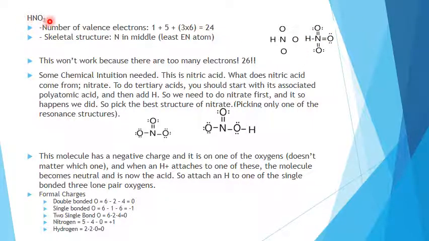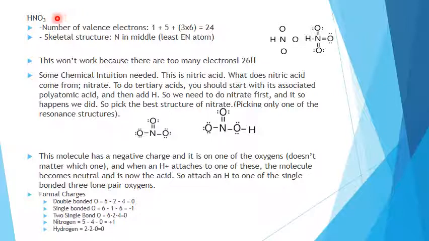Let's look at what this substance is. This substance is nitric acid. So where does nitric acid come from? It comes from nitrate. What is an acid? You learn this in 122 if you decide to take it, or a corresponding class that talks more about acids and bases.